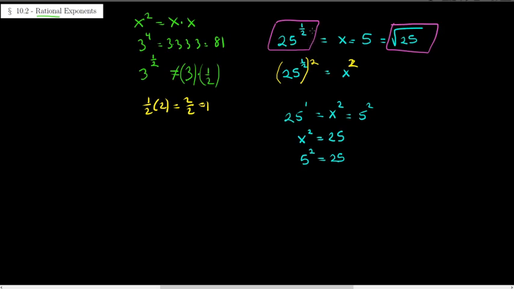So now I know what it means to have a power of 1/2. Let me write it here for now. If I take some number and raise it to the 1/2, all I'm doing is taking the square root of that number. In other words, this is just another way to write the square root. So if I have 3 to the 1/2, now we can answer that question.